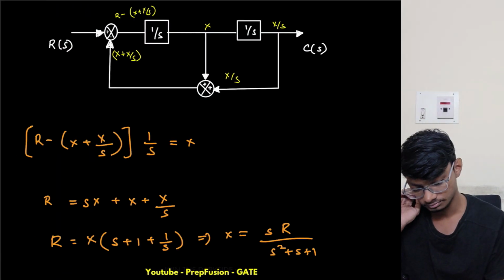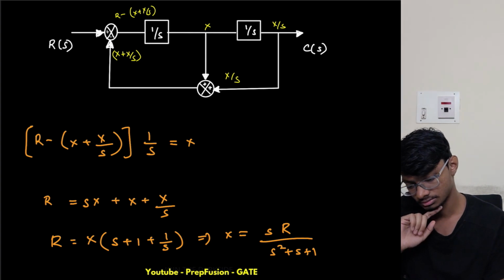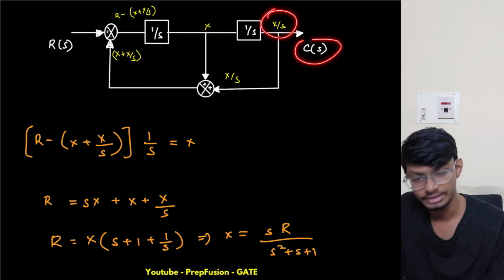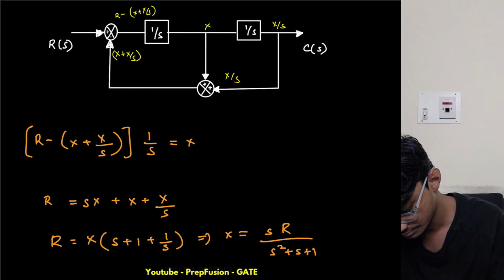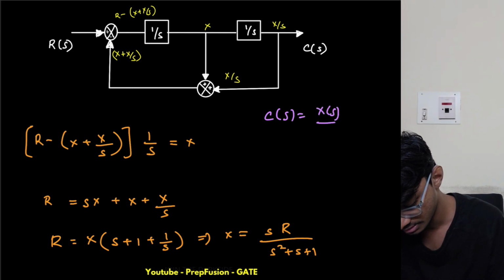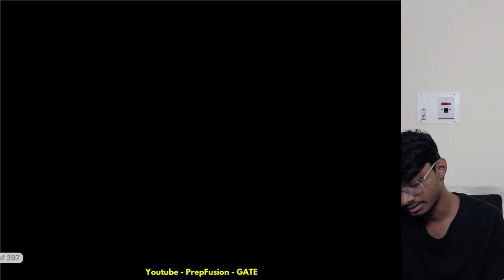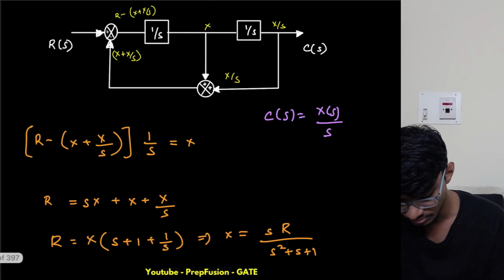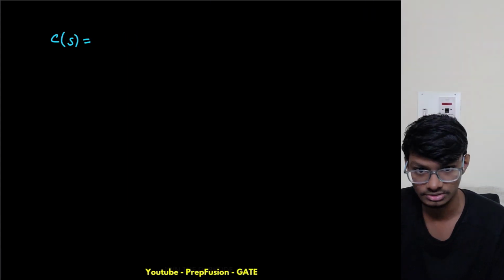Now let's write in terms of C. What is my C of S? C of S is X by S, so C of S is X of S by S simply. Now I will put that in the equation. S will be divided, and S is also in the numerator.